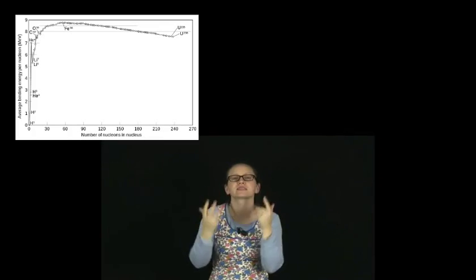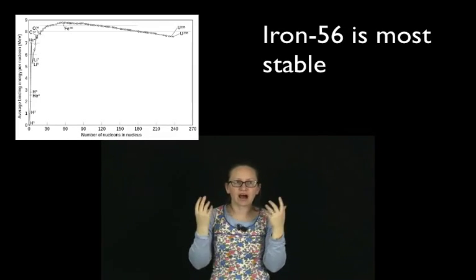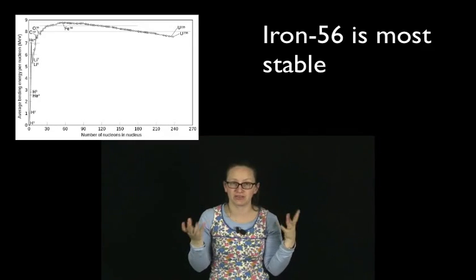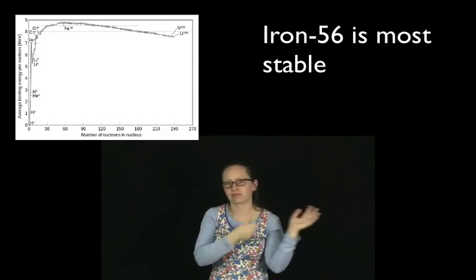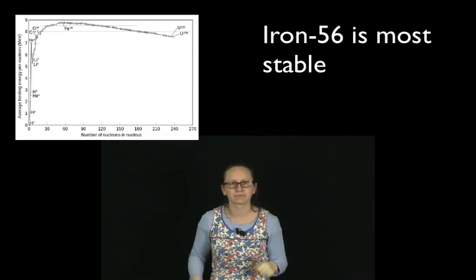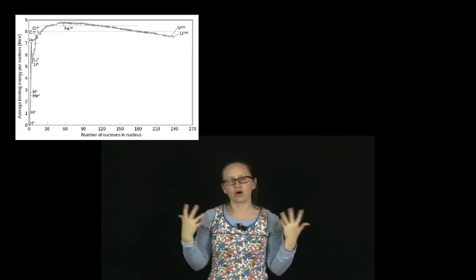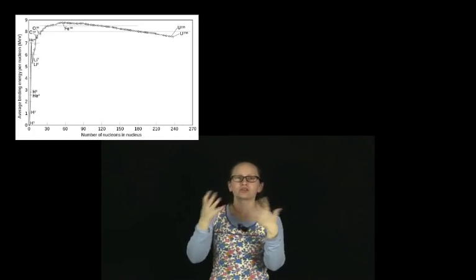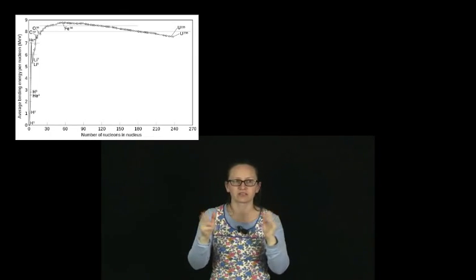So the most stable isotope is iron-56. This has the highest binding energy per nucleon, and so per nucleon we have to put in the most energy to pull iron apart. So basically all the elements would really like to be iron. They all want to be as stable as possible.